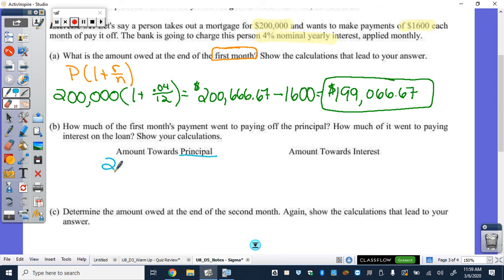So $200,000 minus what was left at the end of the first month. How much of that $1,600 actually went to their principal value?